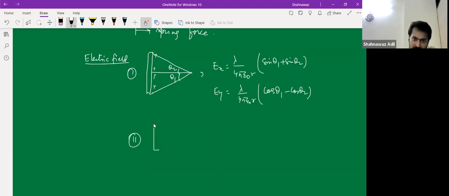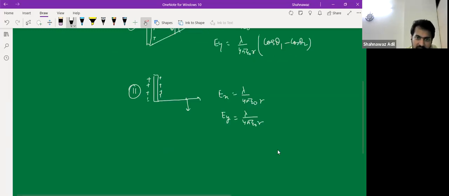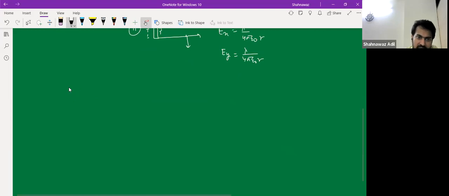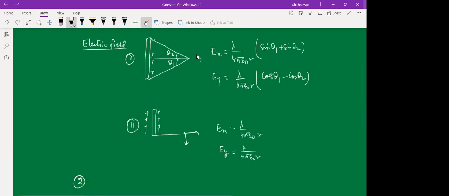Then we calculated at one end. If we calculate the electric field at one end due to this line charge density, Ex comes out to be lambda by 2 pi epsilon r, and Ey is also lambda by 2 pi epsilon r.